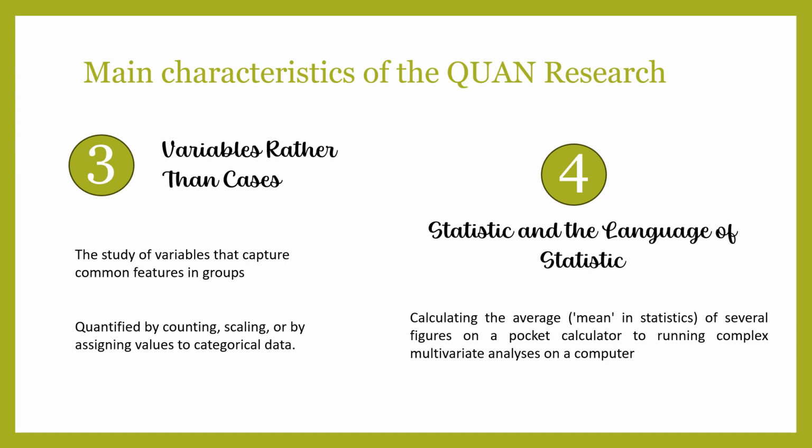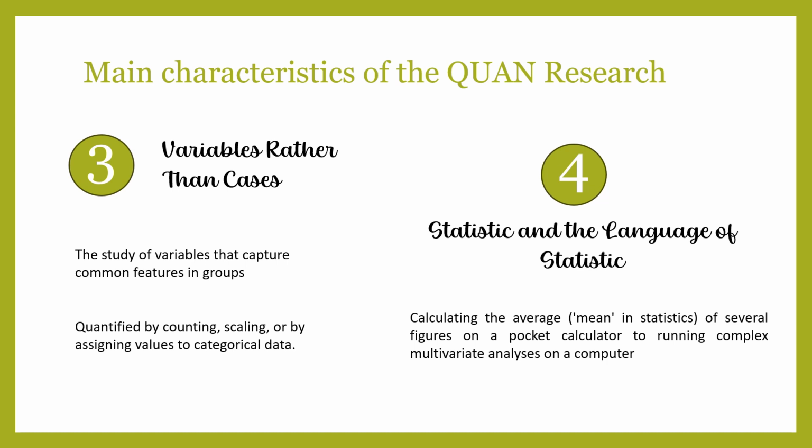Then we have variables rather than cases. As we can see, the study of variables that capture common features in groups. With this kind of research, we can easily recognize those common features in specific groups of people.